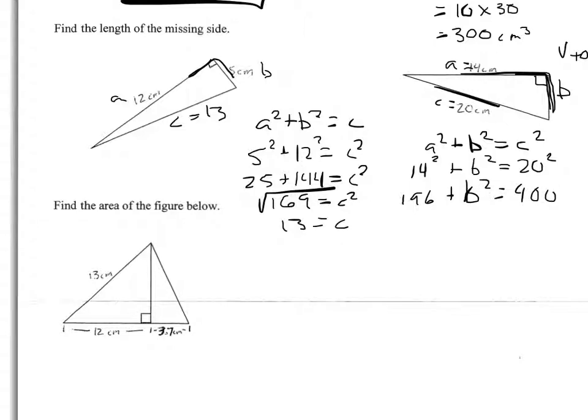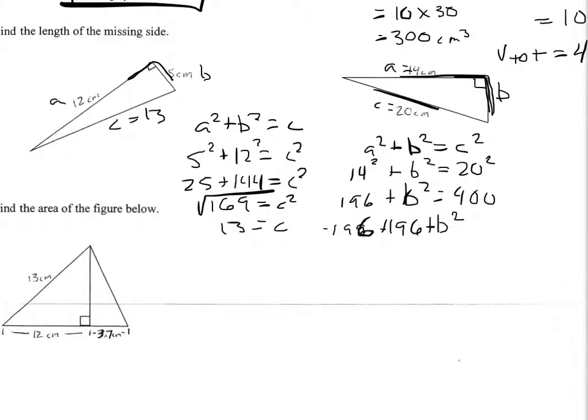I'm going to add a negative 196 to both sides. And that gives me 400 plus negative 196.